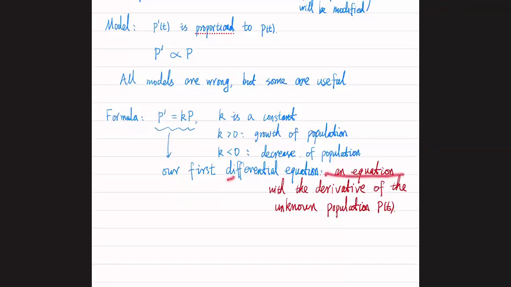It's an equation that involves the derivative of the unknown population function.